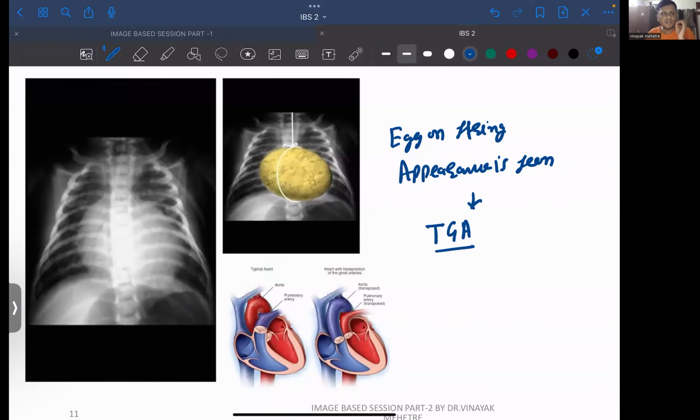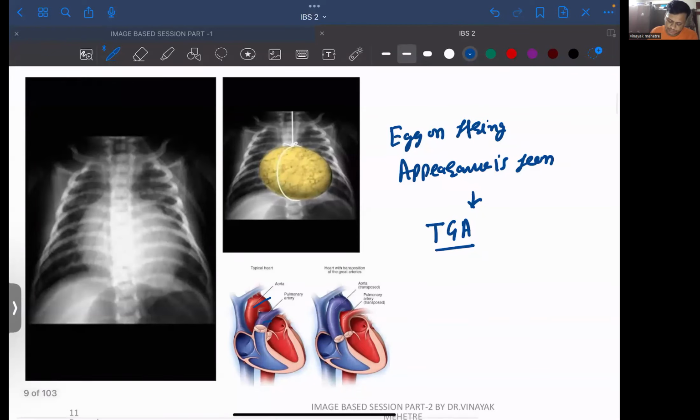What does transposition of great arteries mean? Which great arteries are there in our body? There are two: arch of aorta and pulmonary trunk. What is going to happen? They will interchange, they will switch their normal position.